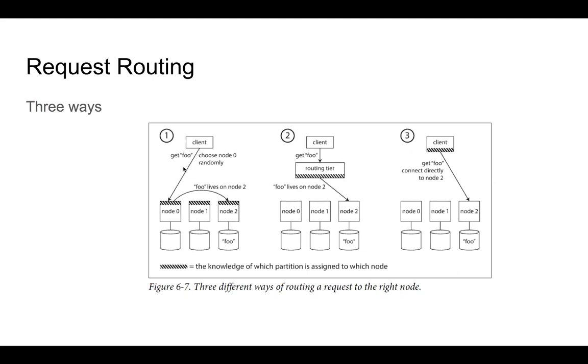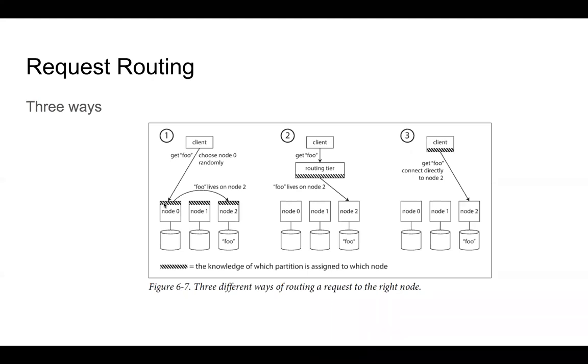And if the client makes a request directly to node 2, then node 2 knows that, oh, I handle foo, so it will serve that request. So each node is aware of each partition, so it will handle the request based on whether it handles those keys or not. If not, it will redirect that request.